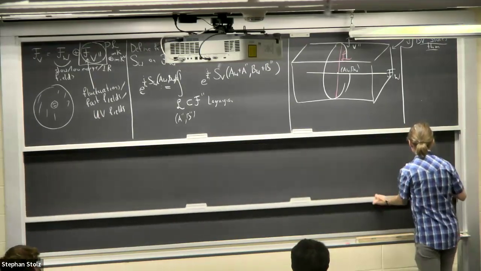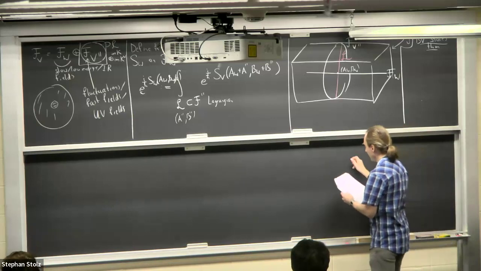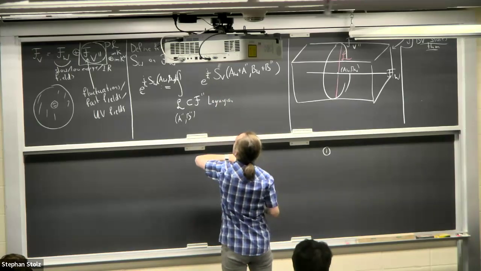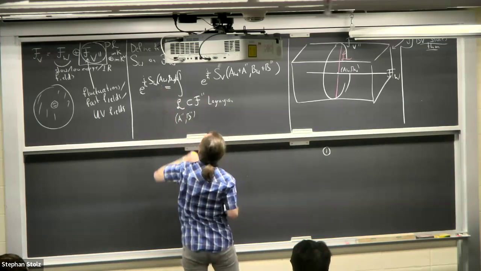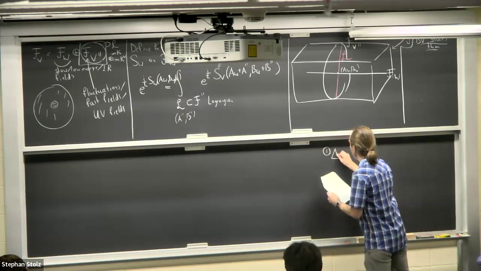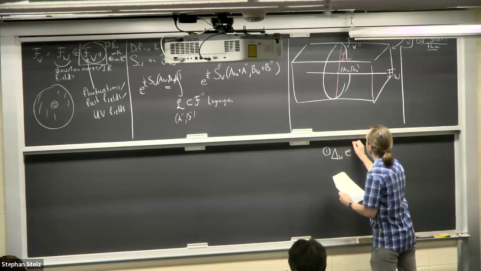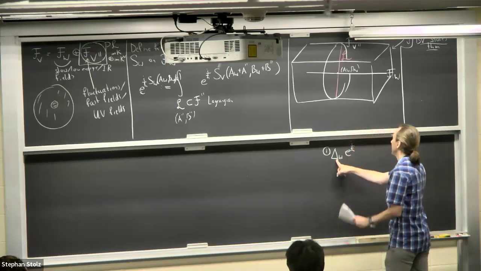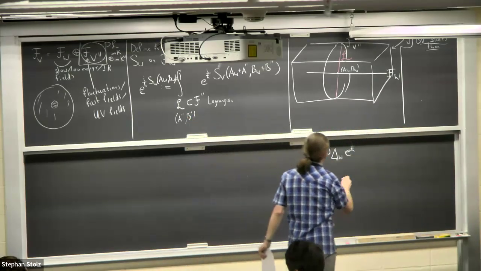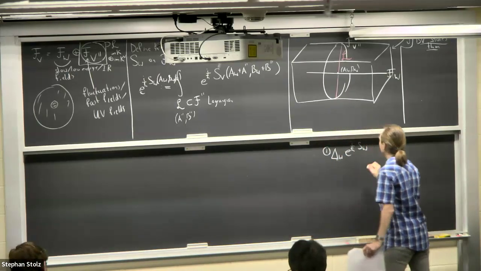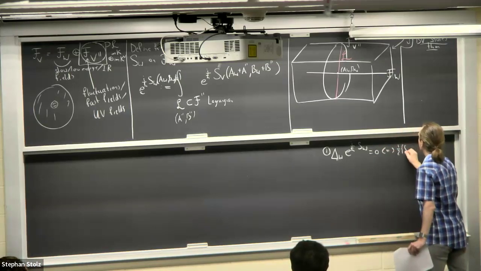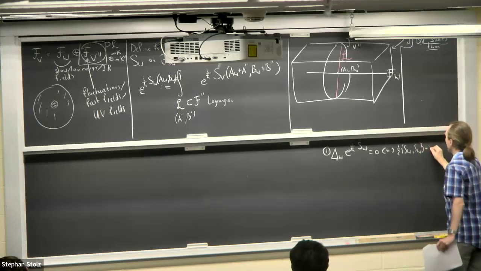The first implication is that knowing S_V satisfies the quantum master equation implies that S_W satisfies the quantum master equation. The quantum master equation can be written as the fact that the BV Laplacian on F_W applied to the exponential of S_W vanishes. That's equivalent to writing the quantum master equation in the way that I was writing it up to now.